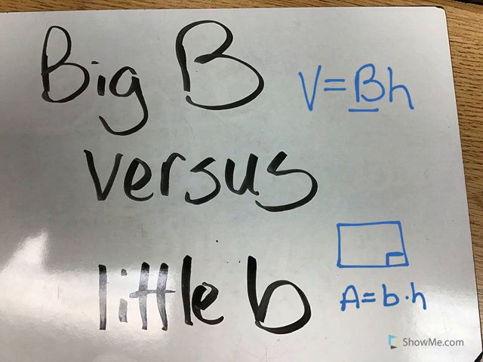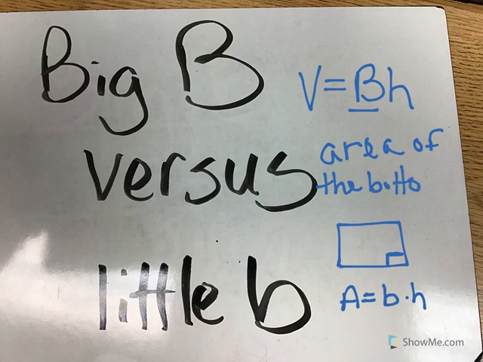The capital B stands for the area of the bottom shape of the 3D shape.